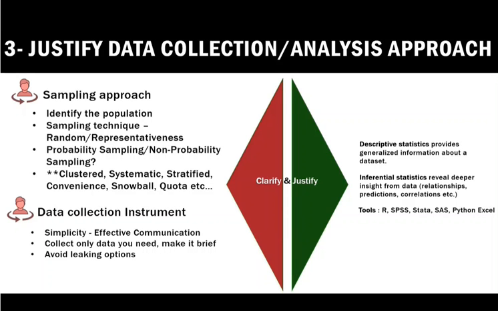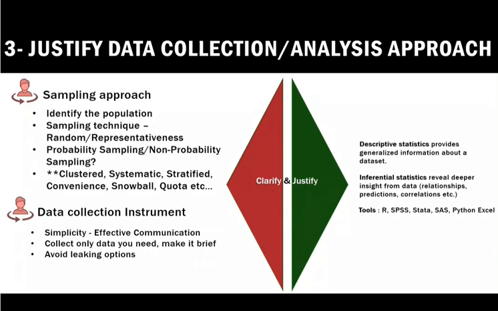As a matter of fact, you really can't adequately inspect your data. I mean, an inspection is the first thing that you need to do after collecting that data. You can't inspect your data to be sure that they have the right distribution without conducting some form of descriptive analysis. Okay. Then the inferential statistics reveal deeper insights from the data.